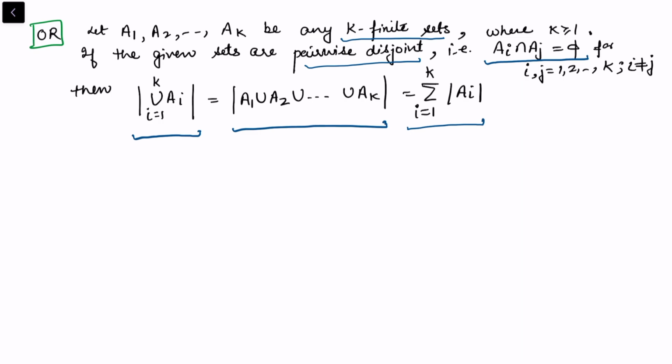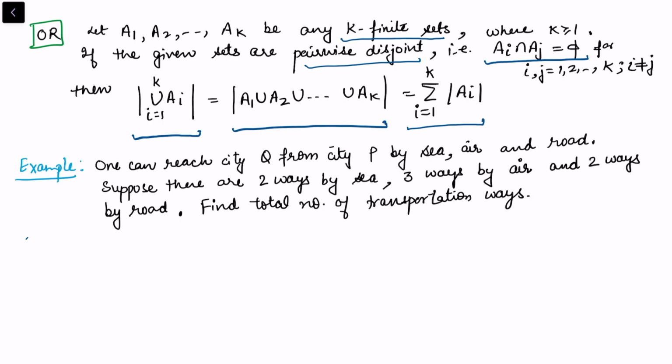Now let me consider a simple example. The question asks, suppose that one reaches city Q from city P by sea, air and road, and suppose there are 2 ways by sea, 3 ways by air and 2 ways by road, and we want to find the total number of transportation ways.